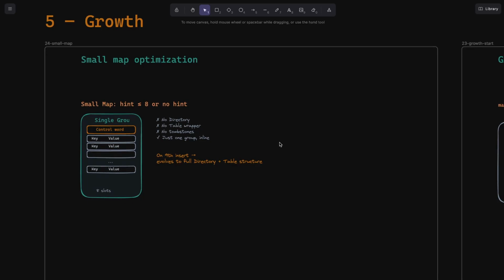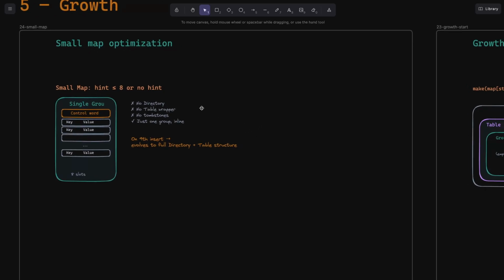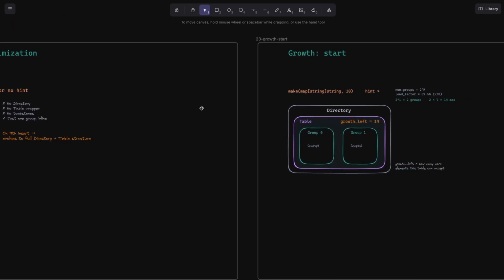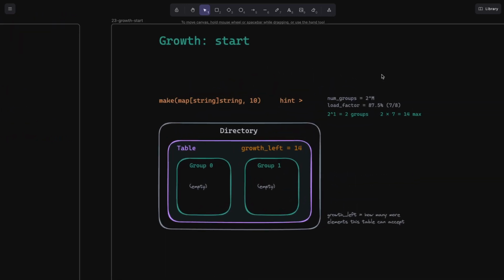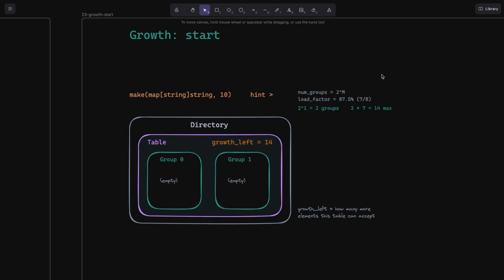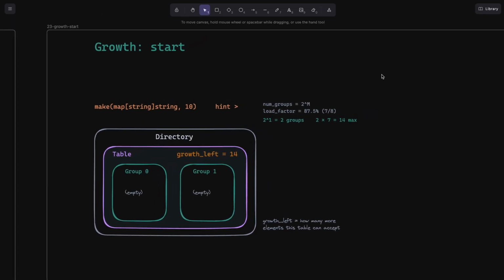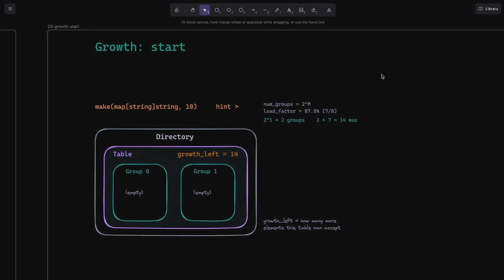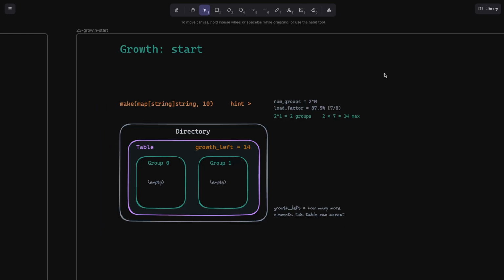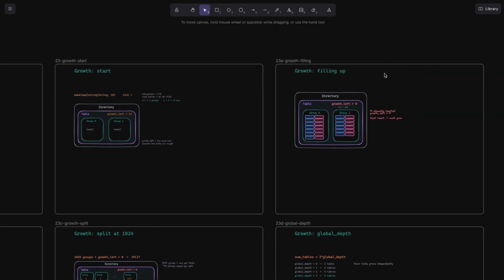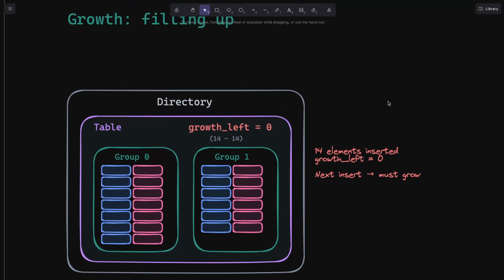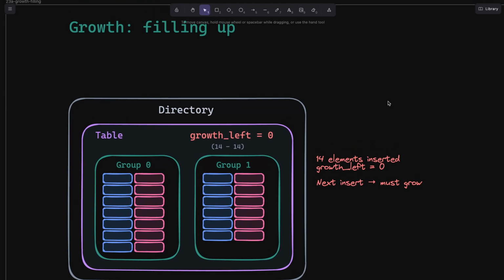First by doubling its number of groups, up to a limit of 1024. Once a table hits 1024 groups and is full, it doesn't double anymore. It splits into two tables, and crucially, only the table that's actually full pays the cost. The rest of the map isn't touched. That's the big win over the old map's evacuation.